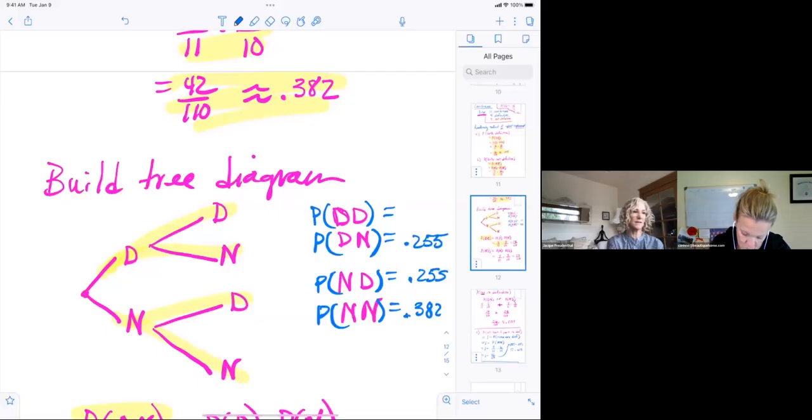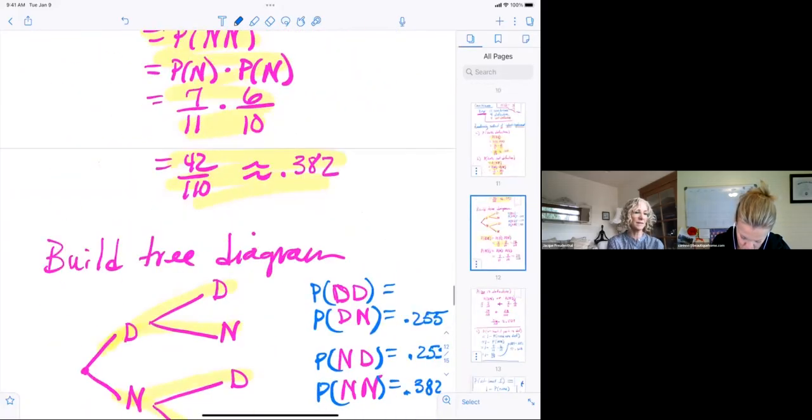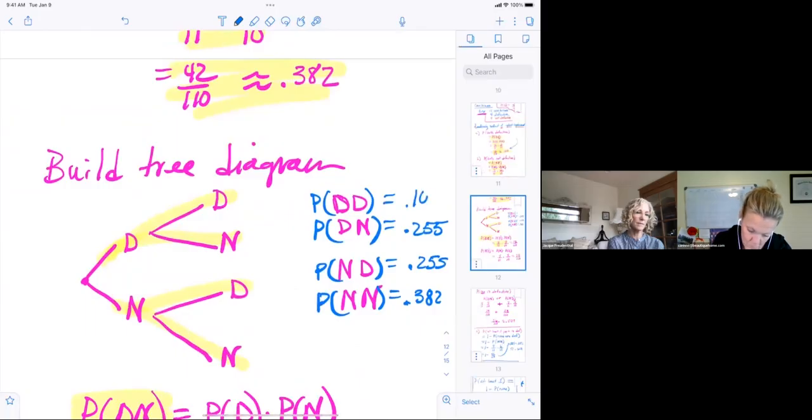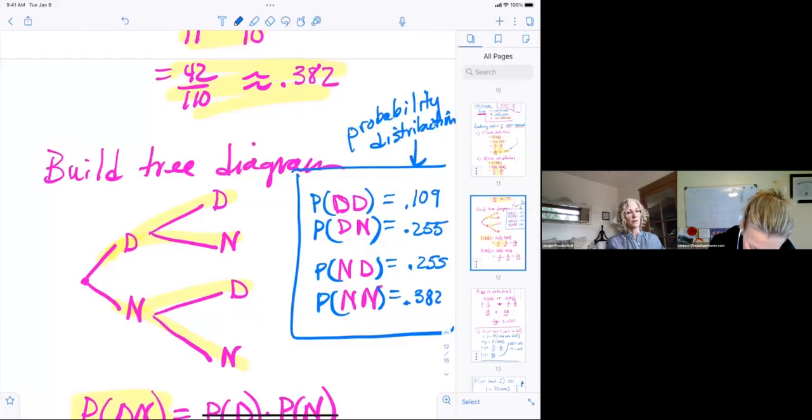And then the probability of both defective, we found right here, 0.109. This is called the probability distribution. So you're taking all of the options of your sample space and you're connecting it to probabilities.